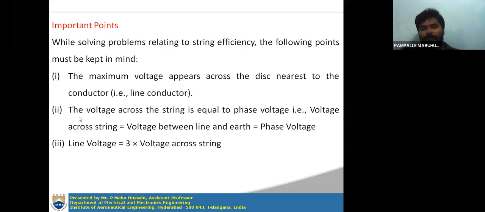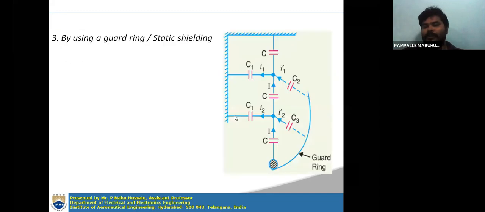The second point to remember is that the voltage across the string is equal to the phase voltage. If you observe here, the voltage across the string is the voltage across this conductor and this cross arm. This cross arm is connected to the tower, which is connected to the ground. So the voltage across this string is the voltage across your conductor and ground, which we generally call the phase voltage.